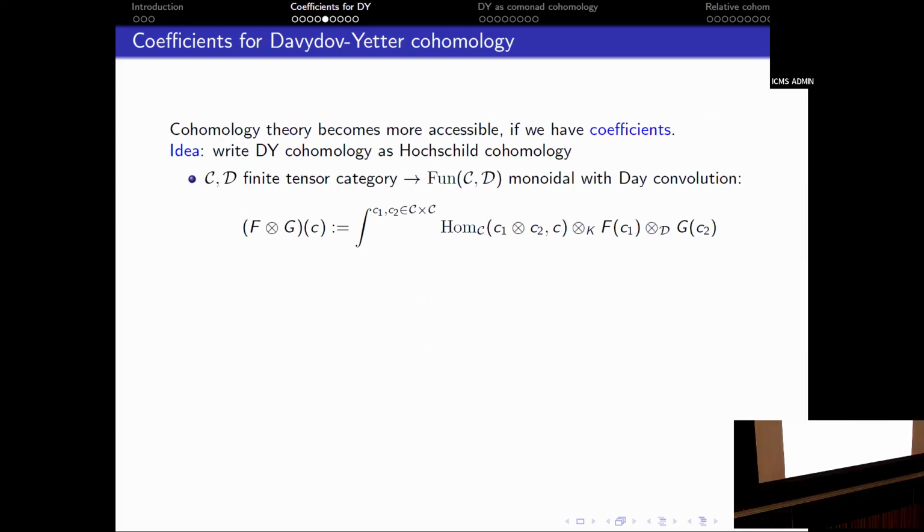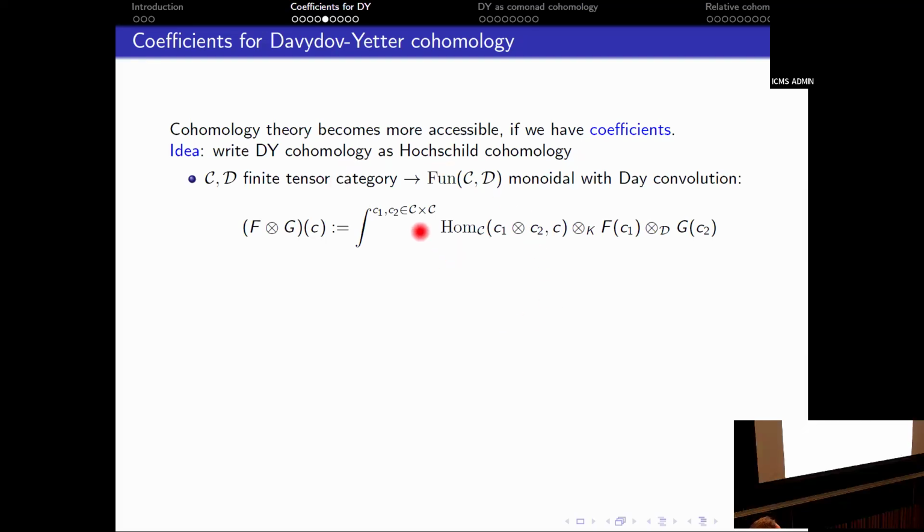Well, in order to see what the right coefficients are, it's interesting to rewrite it as Hochschild cohomology. And the first observation is the following one. If C and D are tensor categories, and in nice situations, and we are in a nice situation, you can endow the category of functors with a tensor product, which is called the Day convolution.